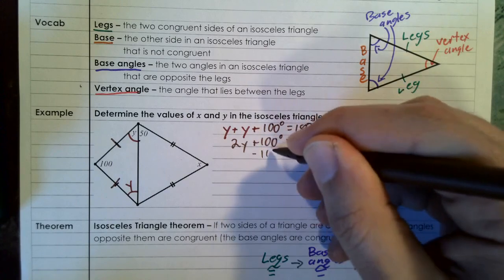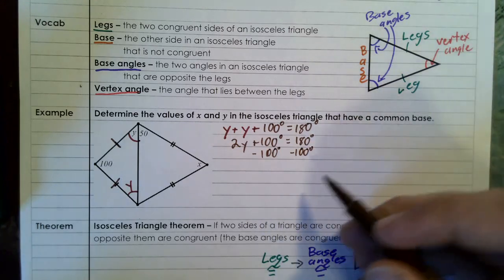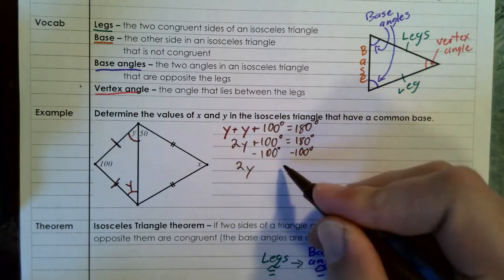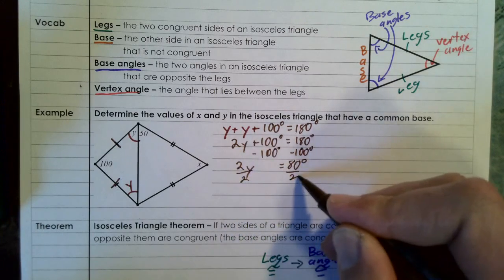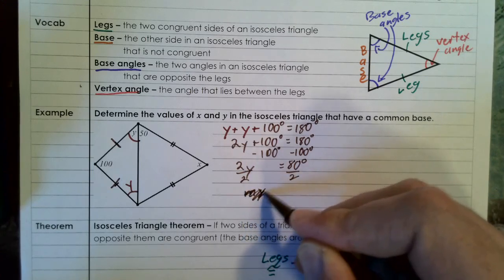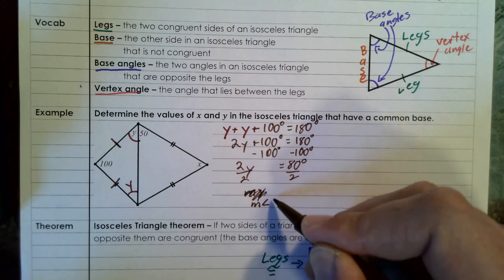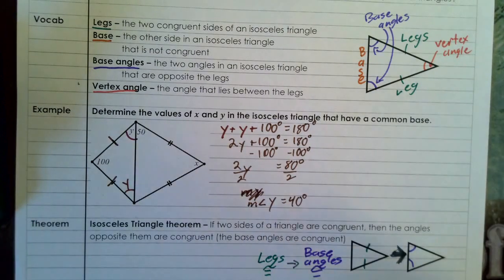We could subtract 100 degrees from both sides. We get 2y equals 80 degrees. Dividing by 2, we can say that the measure of angle y has got to be 40 degrees.